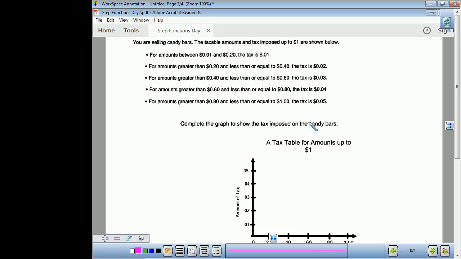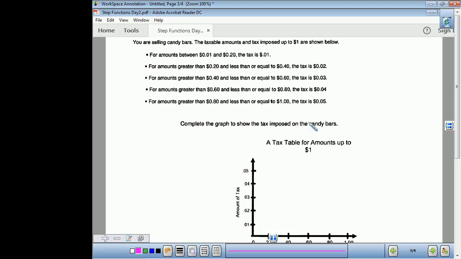Is that close? That should be close. Wait, so Miss Willoughby, this first one switches actually.